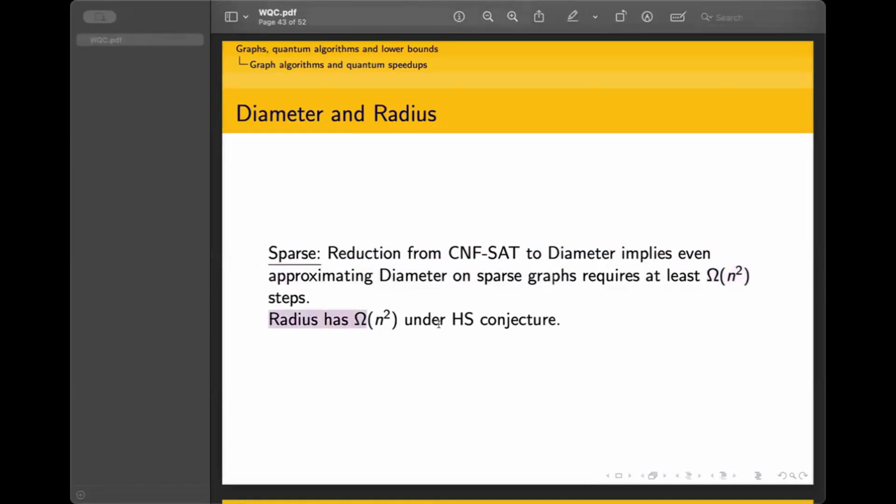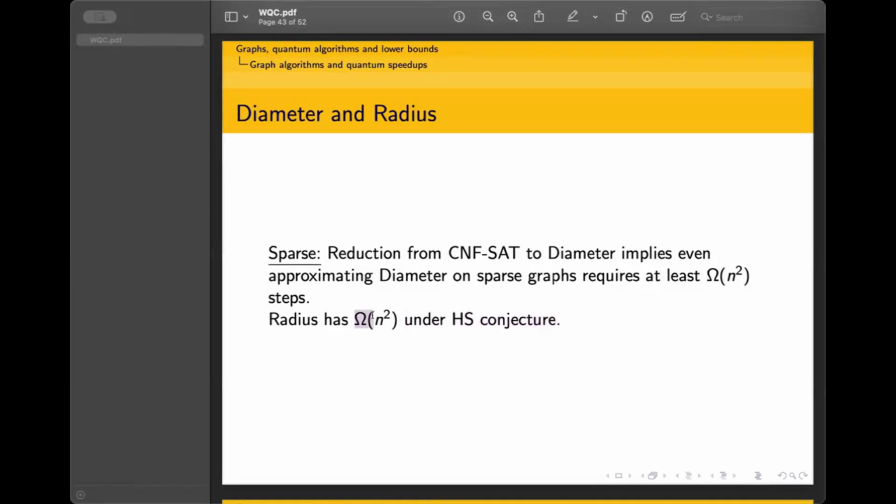And similarly for radius, it has also been shown via the hitting set conjecture. Hitting set is a problem where you have sets, and the hitting set is a set that has a non-zero overlap with every set that you're given as an input. And it's just yet another problem which is believed not to be solvable faster than some complexity.